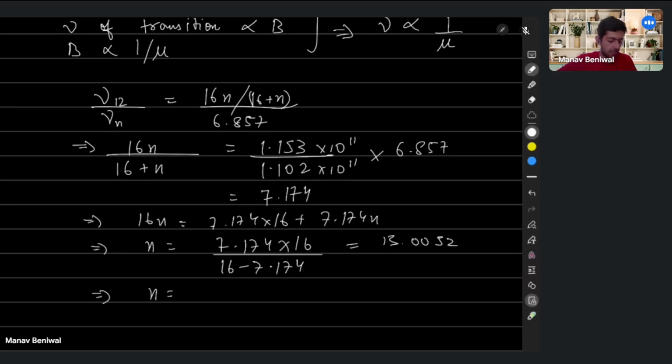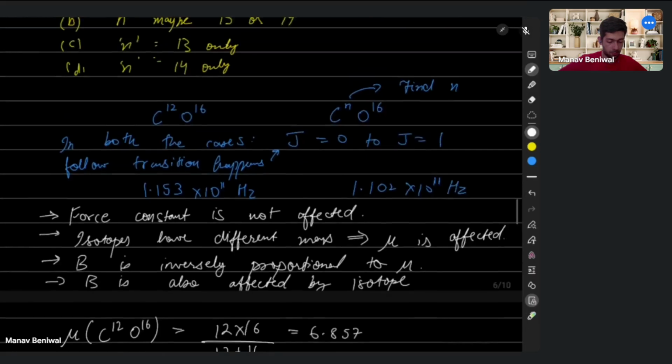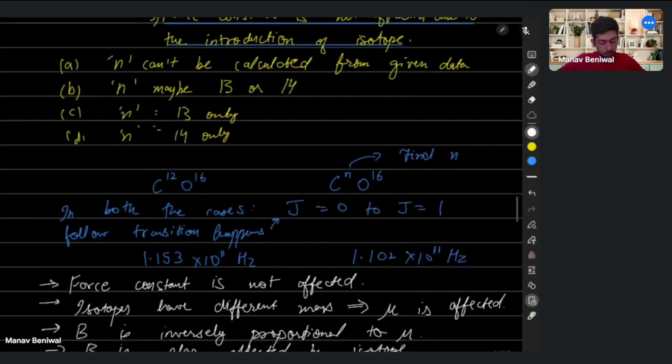Therefore, because n is an integer, we can take n to be 13. Okay, so option C.